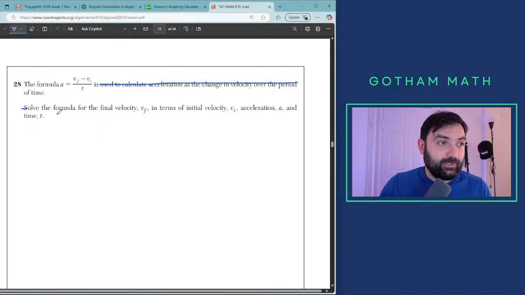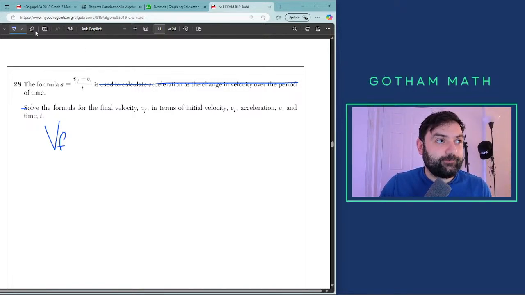Solve the formula for the final velocity VF. So this is what's important. What we're solving for is important. What we're freeing of this fraction, what we want to be left alone, that's what's important.